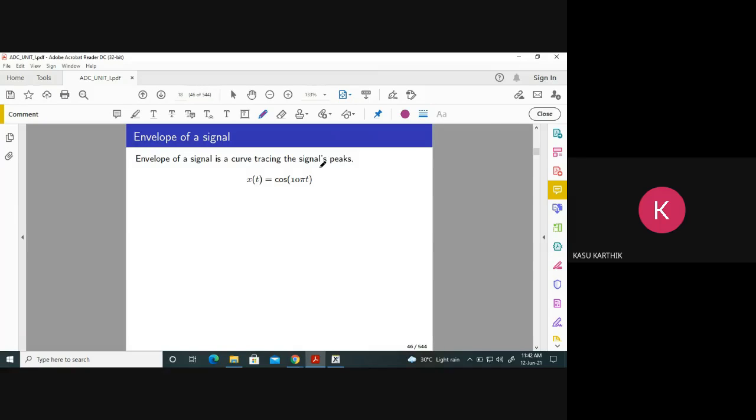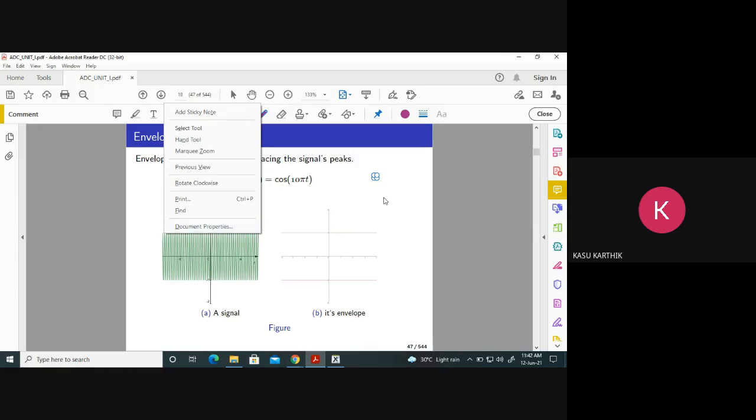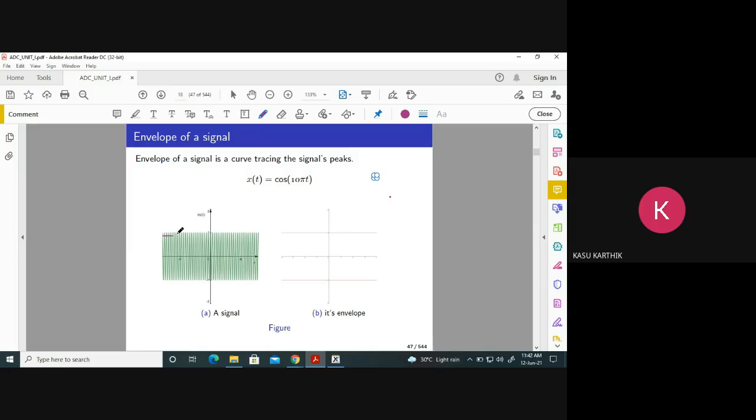Now in AM, envelope plays an important role. For example, I'm taking x of t equal to cos 10 pi t. So this is a signal. You just join the peaks. What do you get?